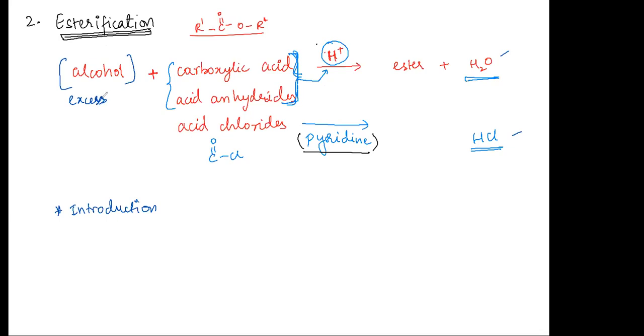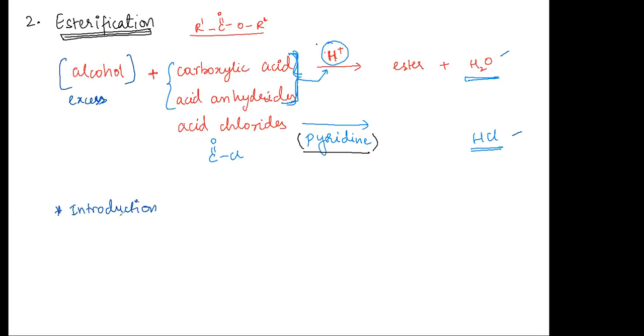Because there is a particular step in the reaction where the alcohol actually needs to act as a nucleophile, and if you don't have enough of that, it's like a 50-50 chance: either the nucleophilic attack can take place, or once it gets attached it can get detached and come back as alcohol also. So to prevent that, the alcohol is usually taken in excess so that the equilibrium shifts towards the right.